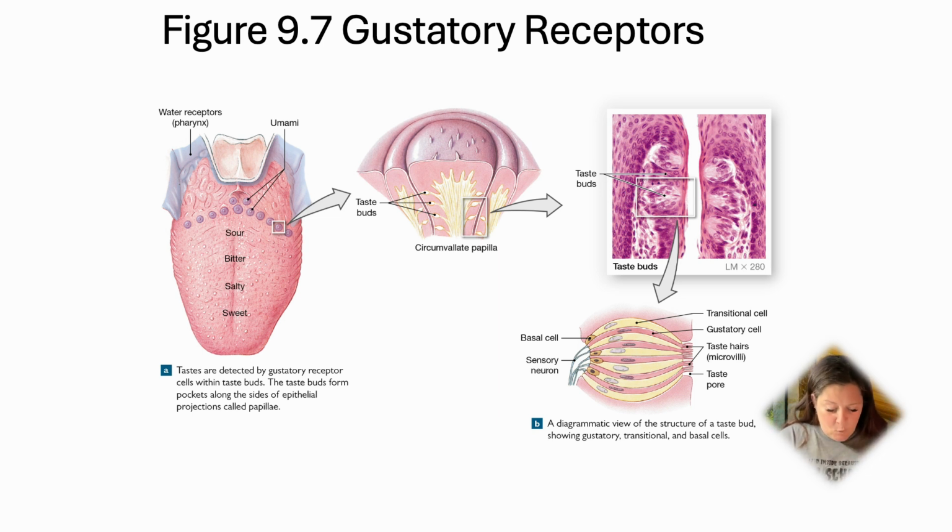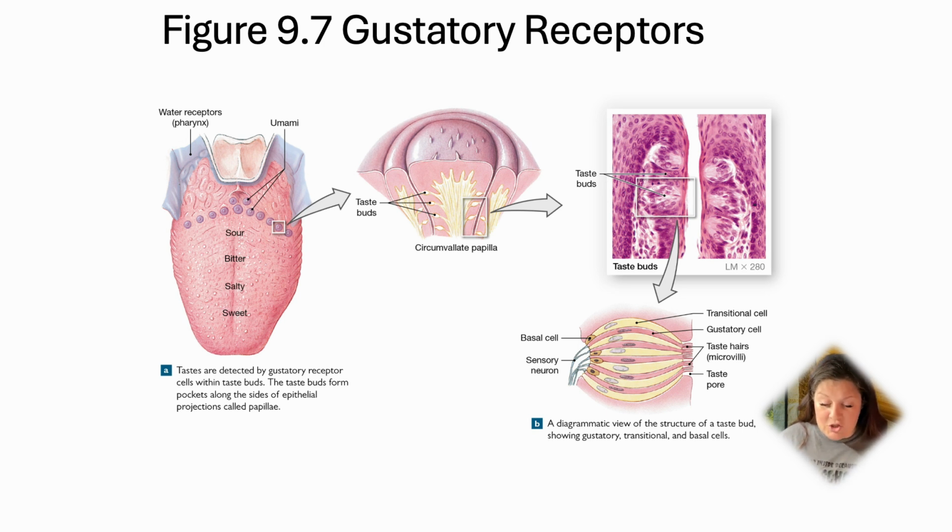So we do have receptors in the oropharynx that are communicating to the hypothalamus the level of water, etc.